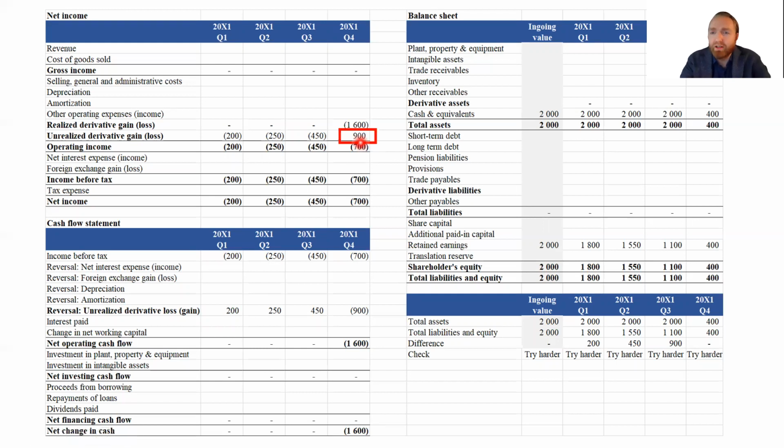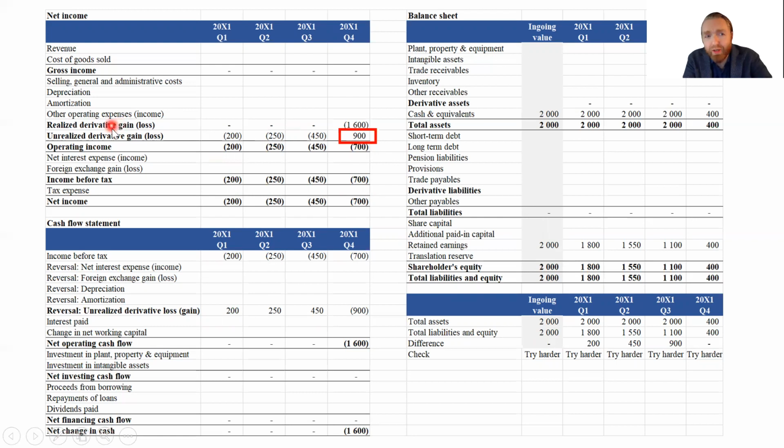When the contract settles, there can't be any unrealized gains or losses outstanding. It will be replaced by a realized gain or loss. So we have to undo, or sort of reverse, all the previous gains or losses, which happens automatically here, so that there's a total gain or loss from this, which is the net of the two.